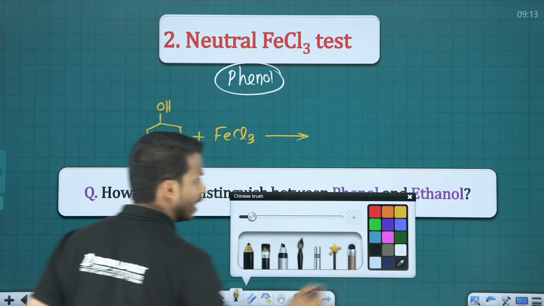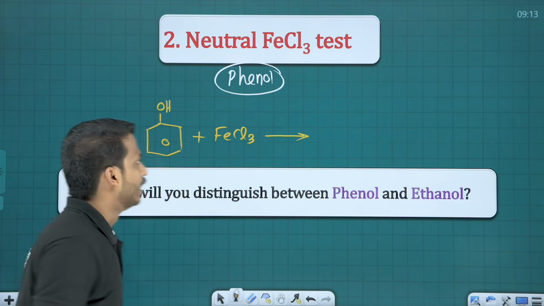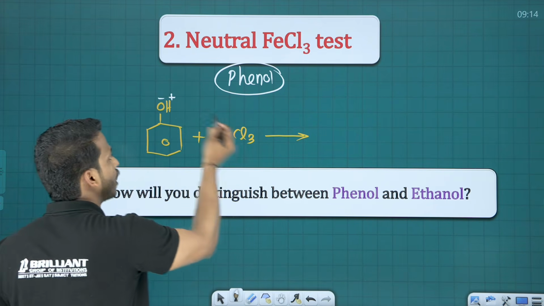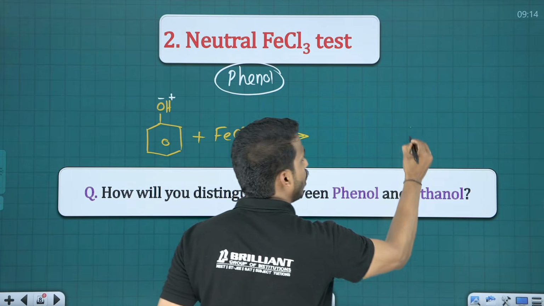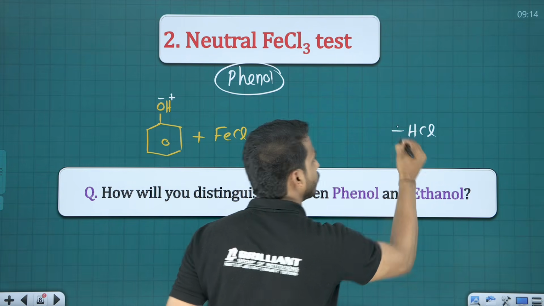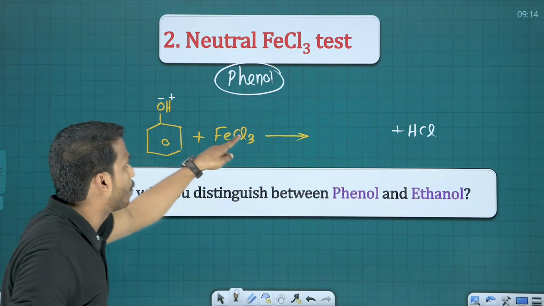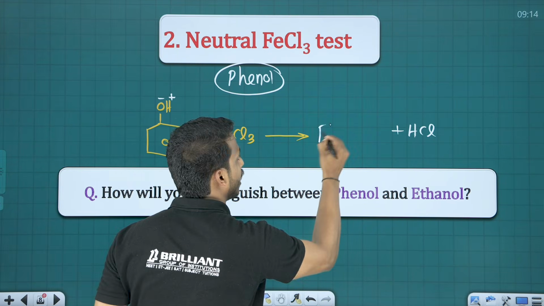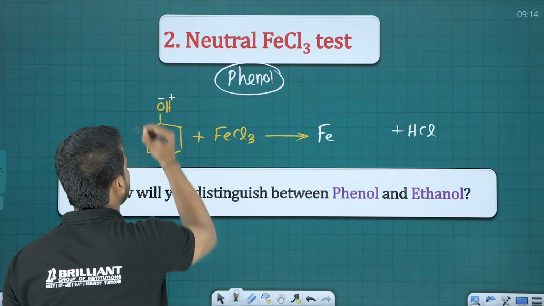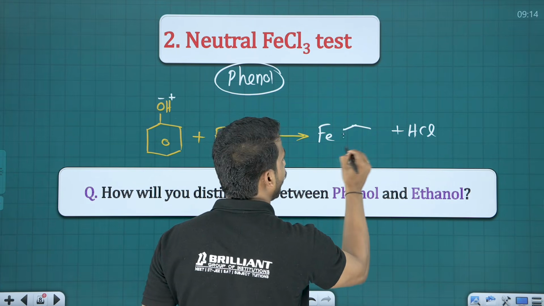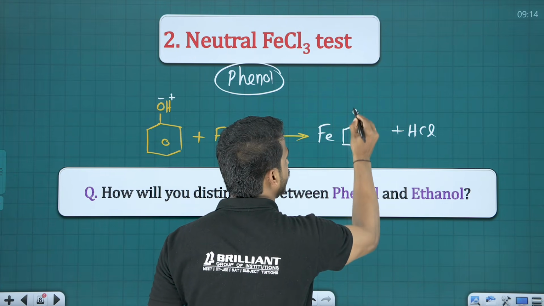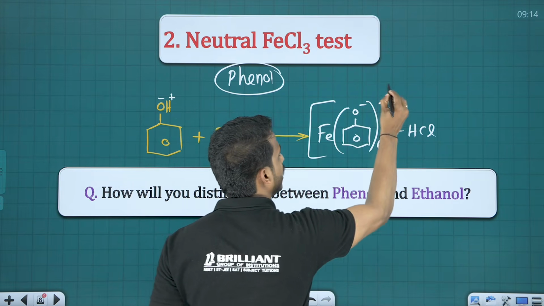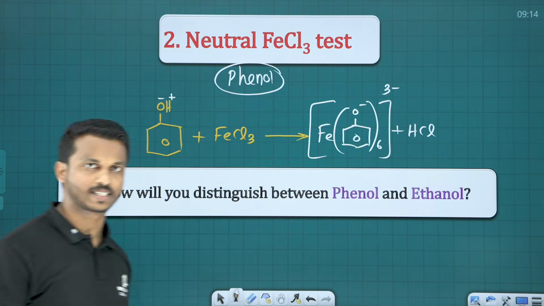You know what happens? Listen carefully, my dear. This H is acidic. So this H combines with chlorine and HCl goes out. What is left here? Fe combined with the phenoxide ion, around 6 times. Overall charge 3 minus, it forms a complex.